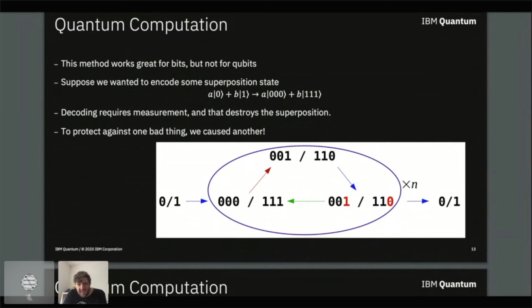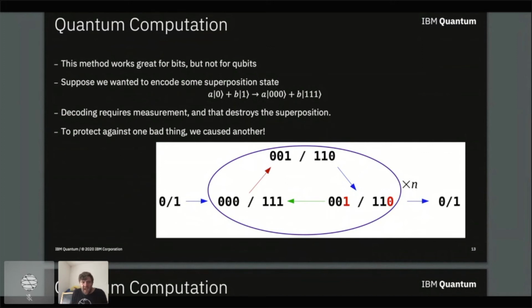But the trouble is, at that point of measuring, the collapse happened. We had a superposition, but as soon as we looked at our qubits, we ruined that superposition. We're not really seeing this here, because we've not got any operations in this particular example, but in general, we will be doing a computation, and that computation would need the superposition to be there.